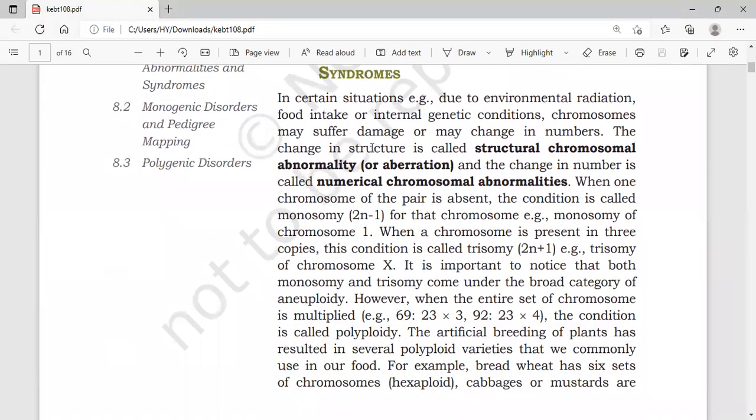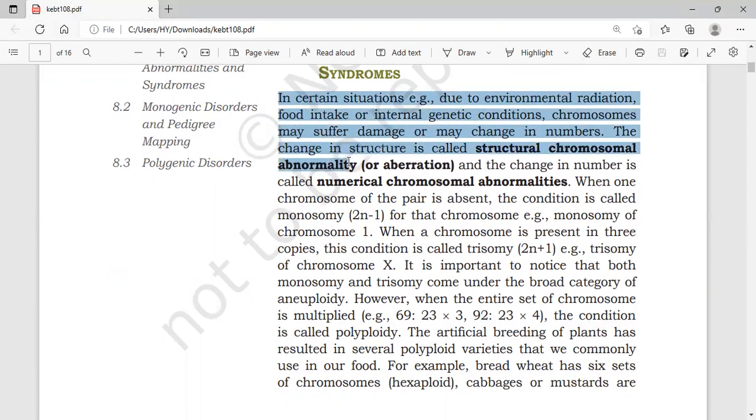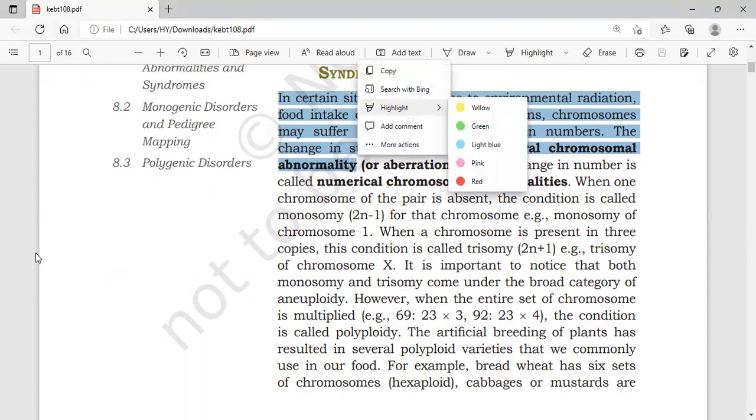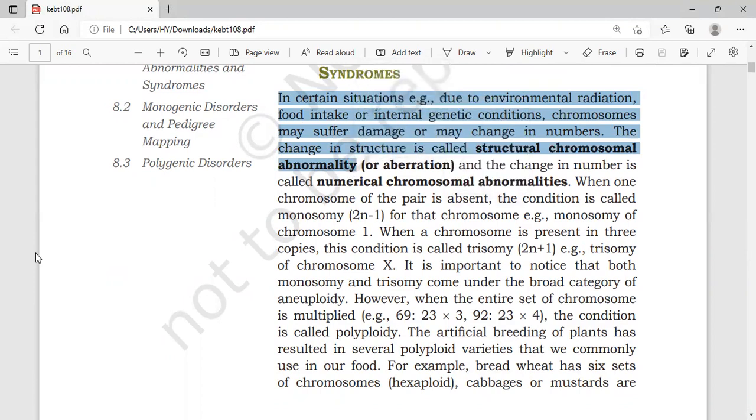In certain situations, due to environmental radiations, food intake, or internal genetic conditions, chromosomes may suffer damage and may change in number. The change in structure is called structural chromosomal abnormalities or aberrations, and the change in number is called numerical chromosomal abnormalities.